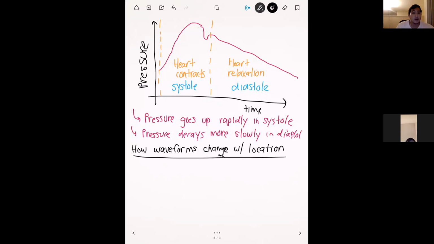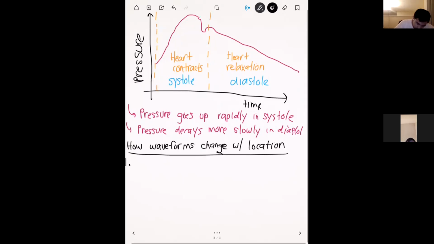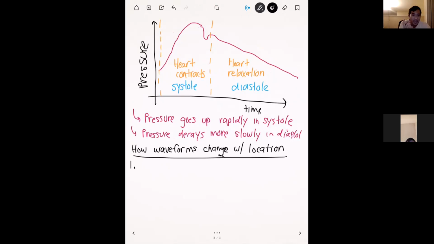Okay. All right. So let's talk about the pressure waveform first. First, let's talk about peak systolic pressure. This is basically the absolute maximum that the pressure waveform tends to have. As you get further away from the heart, peak systolic pressure tends to go up.